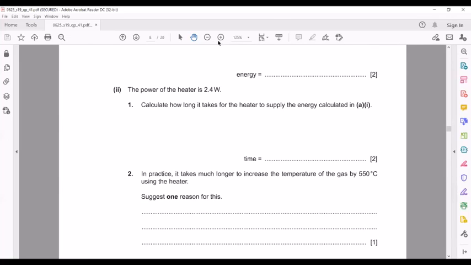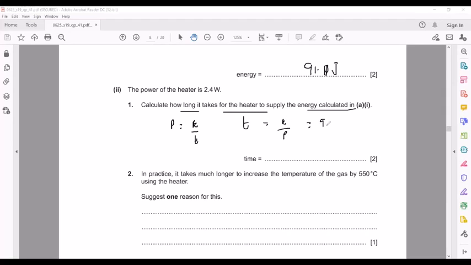The power of the heater is 2.4 watts. Calculate how long it will take the heater to supply the energy we calculated. So how will we get this? Power is energy divided by time, and we need the time here, so time is energy divided by power.